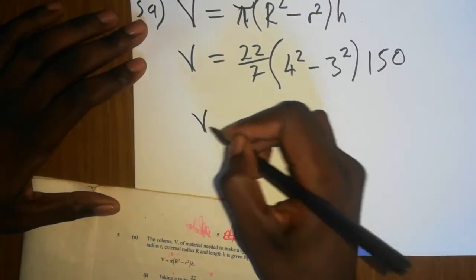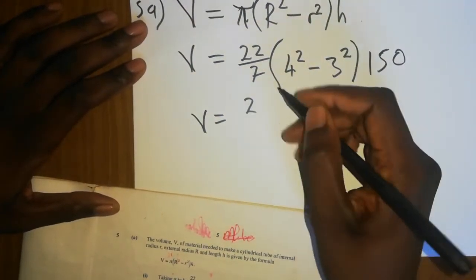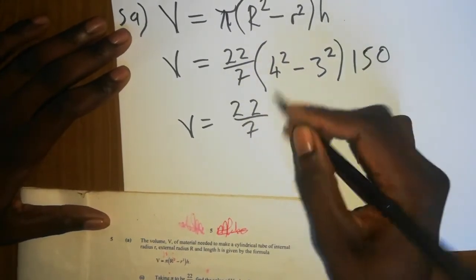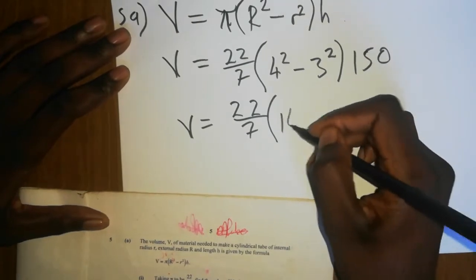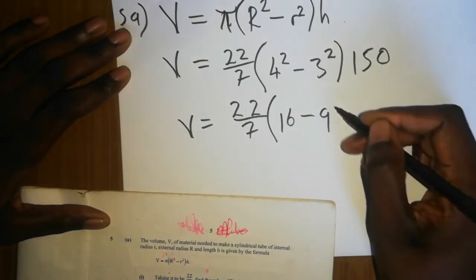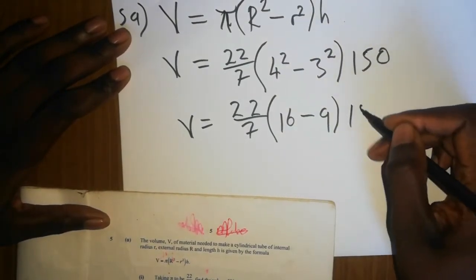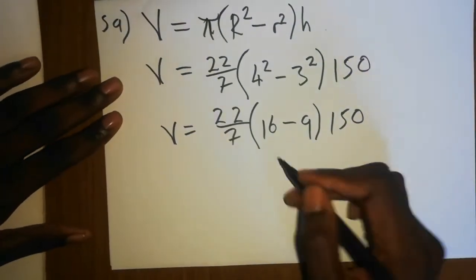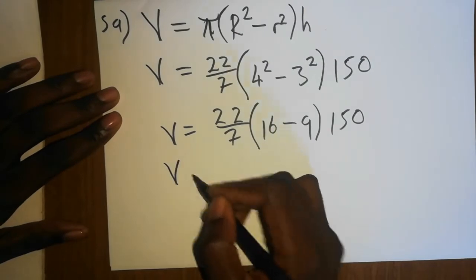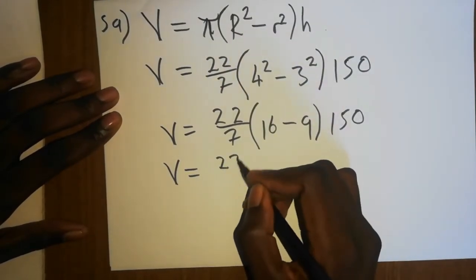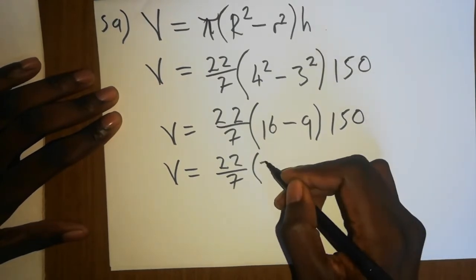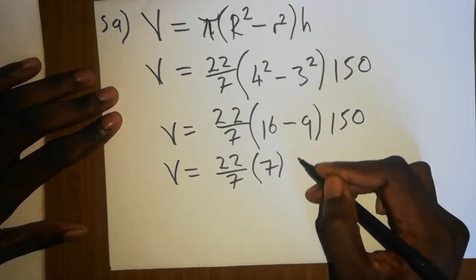So that's V is equal to 22/7 bracket 4 squared, that's 16, minus 9, close, 150. Then I have to find the value of 16 minus 9. So that's V is equal to 22/7 bracket 16 minus 9, that's 7, close 150.